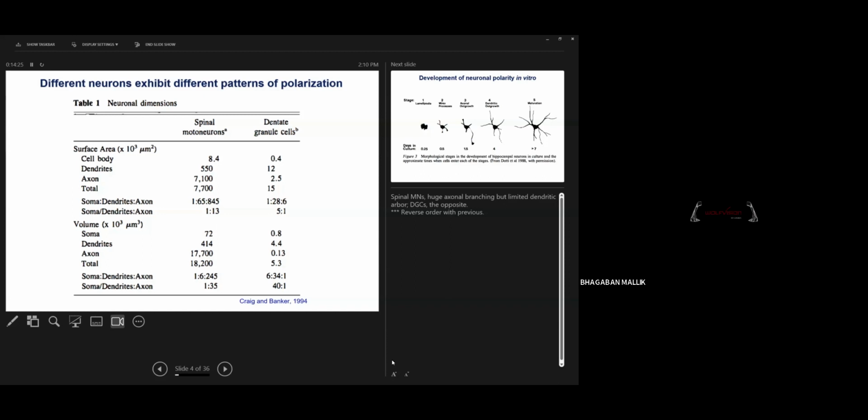So not all neurons show the same morphology. There is variability among the different neurons: the size of the axon and the size of the dendrite vary among the neurons. That is what I want to say. They exhibit different patterns of polarization.